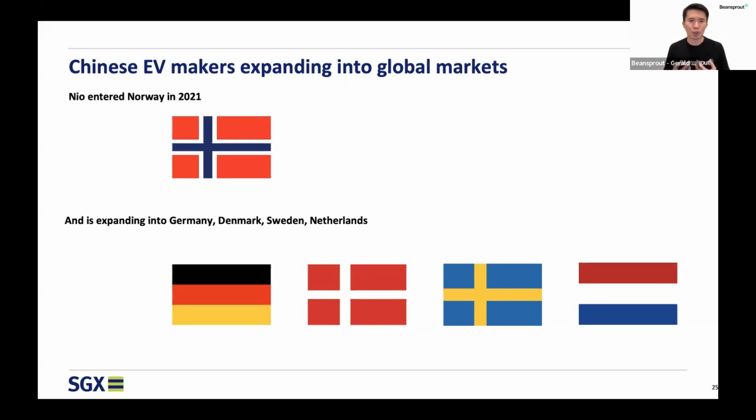So that is another key trend that we'll be looking out for, to see what is the success that they have in these different markets, whether they are competitive against the global automakers in these markets. Because if they are able to make some progress in the markets that are outside of China, then that represents an even bigger global market that they can actually be tapping.